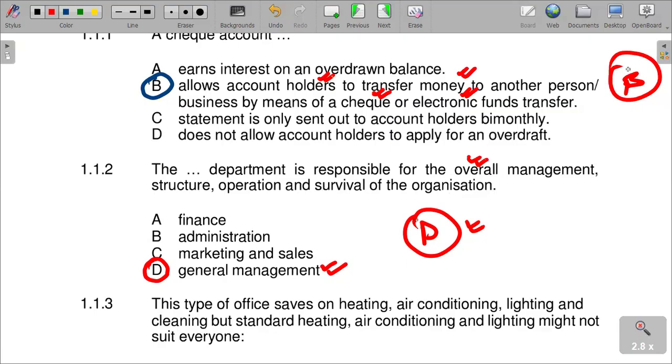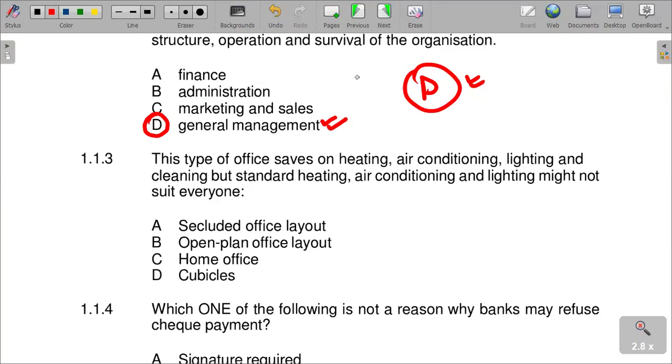For the continual existence of the business, it is the general management department that has to ensure that this is achieved.